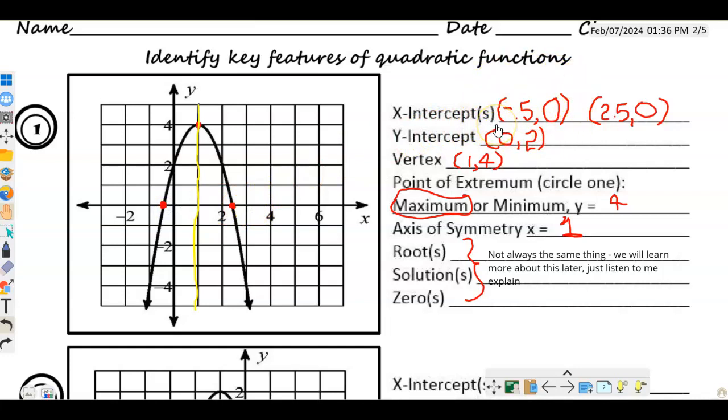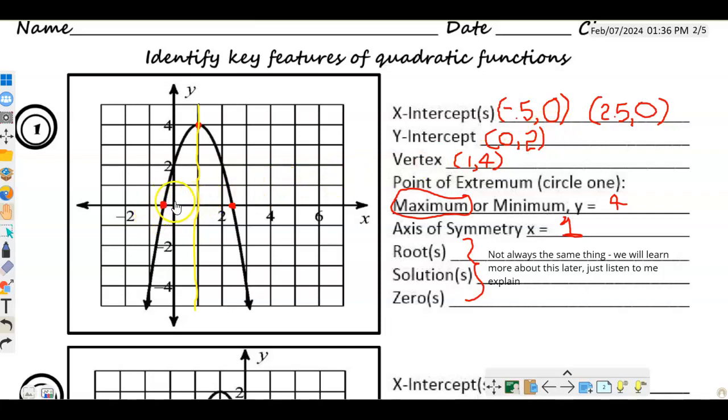The reason I want you to write them as an ordered pair is to cement in your mind that at this place on the x-axis, on the coordinate plane, the value of your y-coordinate is 0.